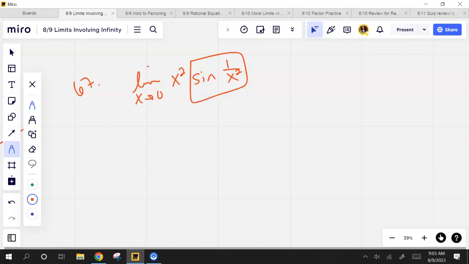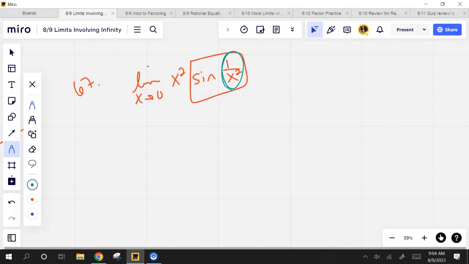But if you think about it, it makes sense because that part doesn't matter. At the end of the day, a sine function itself, no matter what value you put in, it can only spit out a value between negative 1 and 1. Do you agree? No matter what. It doesn't matter that this is 1 over x squared instead of just x, because no matter what you put in, it can only spit out a value between negative 1 and 1 because it's sine.